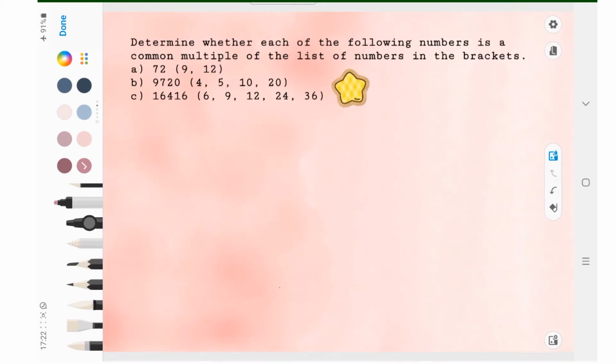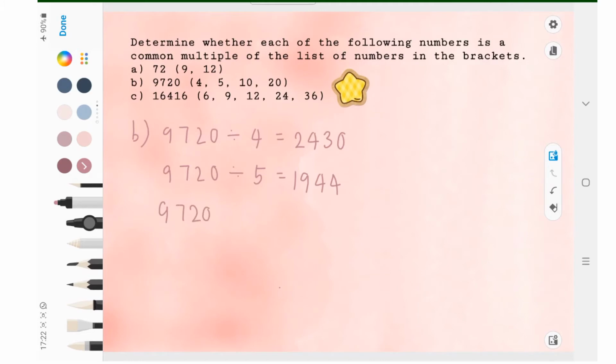B. 9720, and in the brackets are 4, 5, 10, and 20. We use the same method to solve this question. 9720 divided by 4 equals 2430. Then the same number divided by 5 equals 1944.